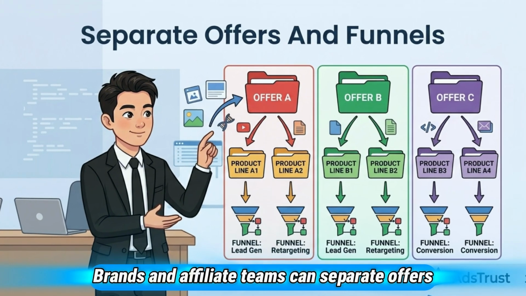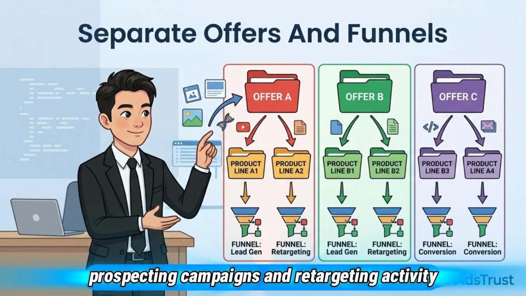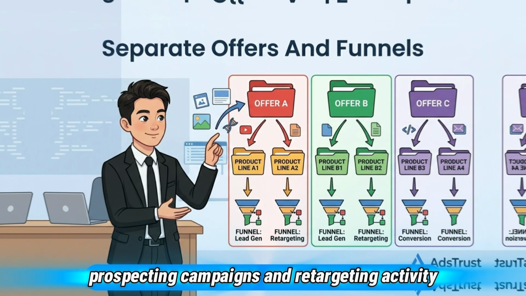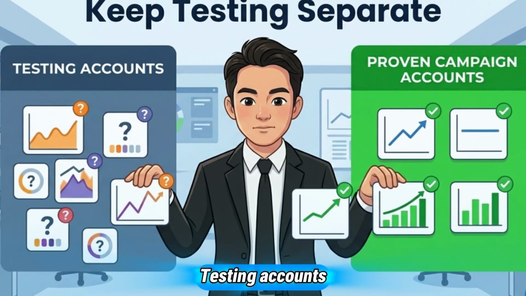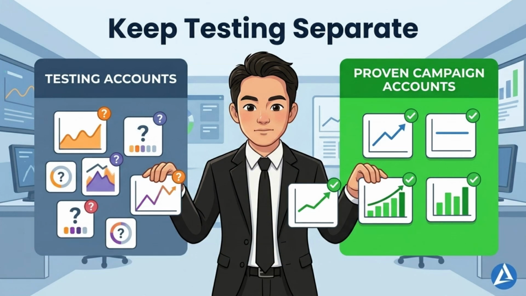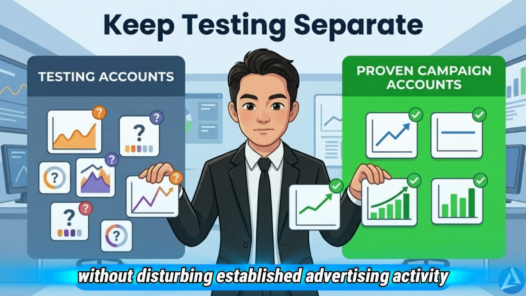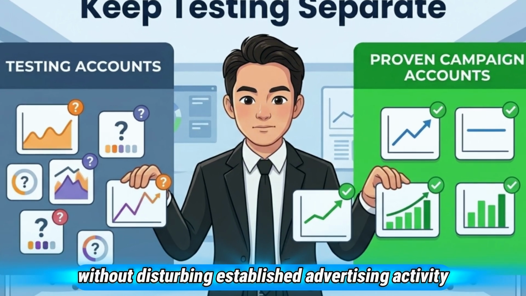Brands and affiliate teams can separate offers, product lines, landing page funnels, prospecting campaigns, and retargeting activity. Testing accounts can remain separate from proven campaign accounts. That makes it easier to identify experiments without disturbing established advertising activity.